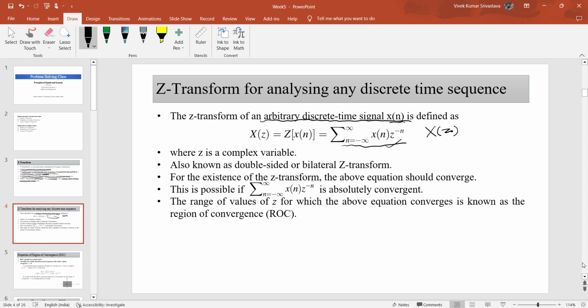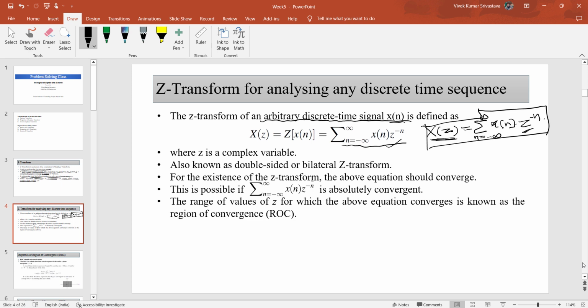Here X of z denotes the signal in the corresponding Z domain, and for evaluating it we use this expression: the summation over n varying from minus infinity to infinity of x of n into z raised to the power minus n. By using this we can easily evaluate the Z transform of any discrete time sequence.